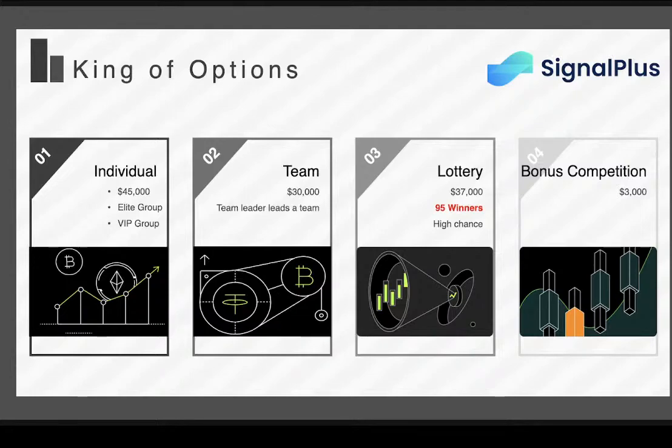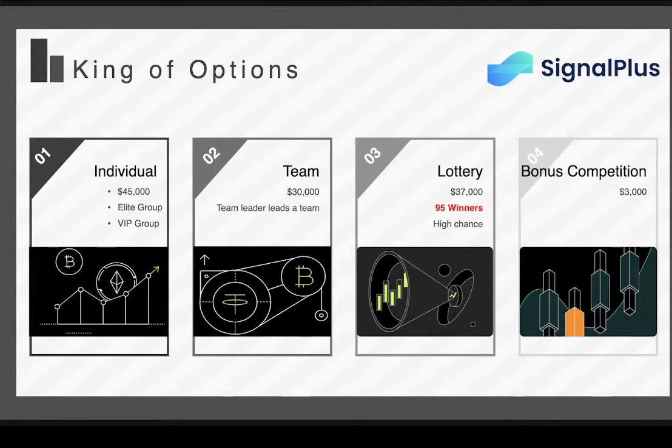To start, we can invite friends or some fans or some followers, or if you don't know any friends that trade options, feel free to join our communities and ask for a team to join and compete together.